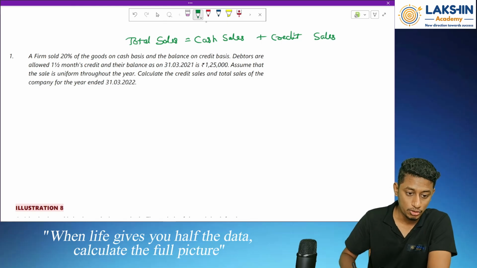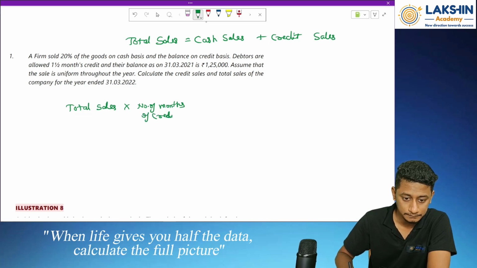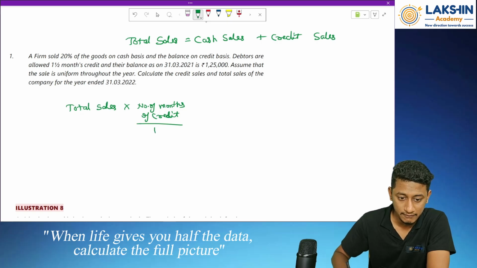See, look over here. Total sales multiplied by number of months of credit, divided by 12, will give me the value of debtors for that month.